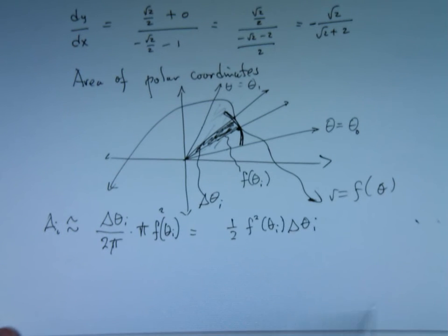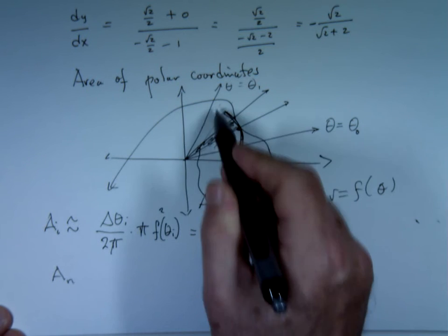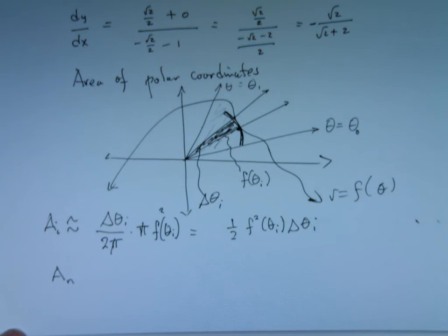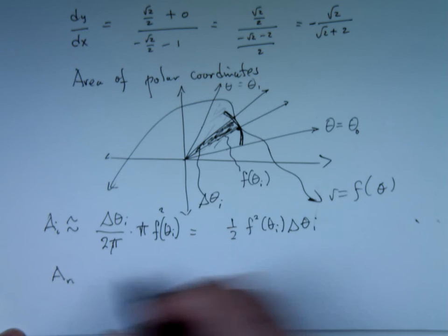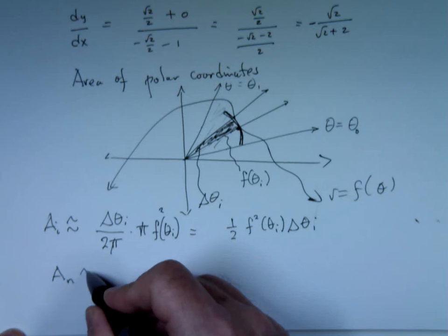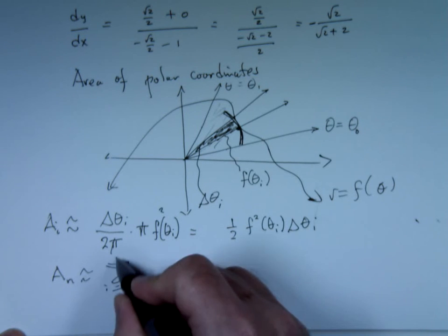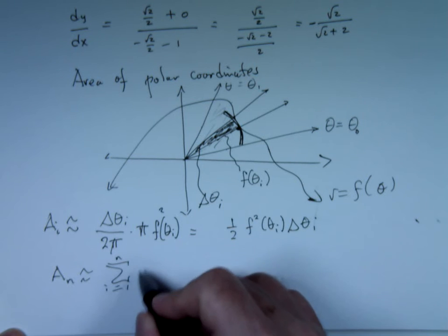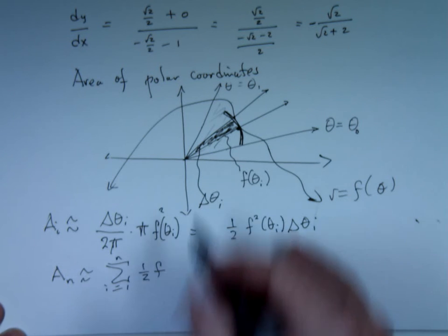What's the approximation for the area bounded by these two lengths here? It's the sum of all these. Add them all up. In terms of n, we'd have A sub n, the area in terms of n of these pieces.